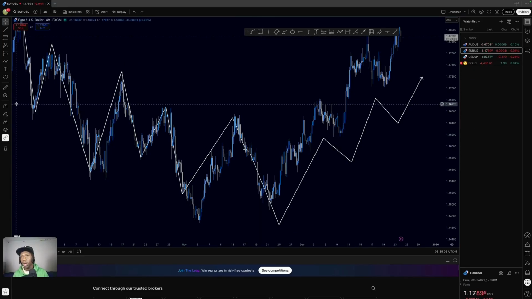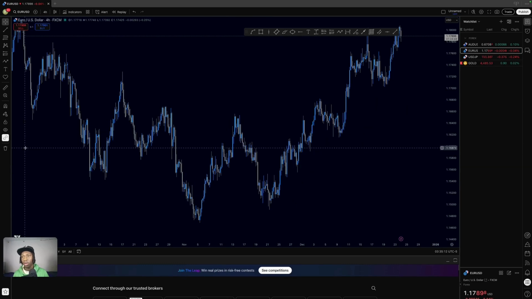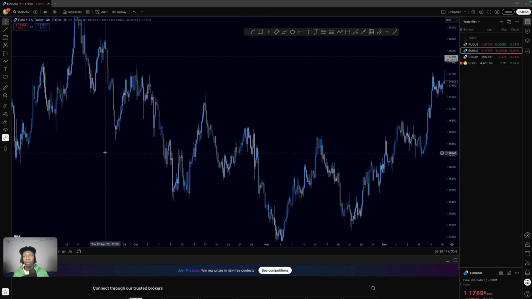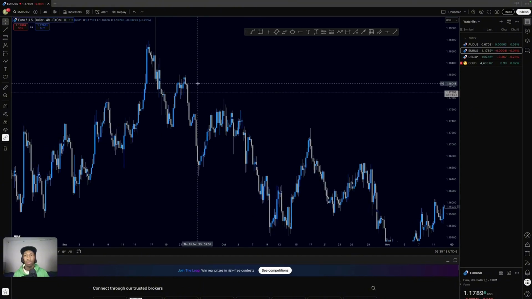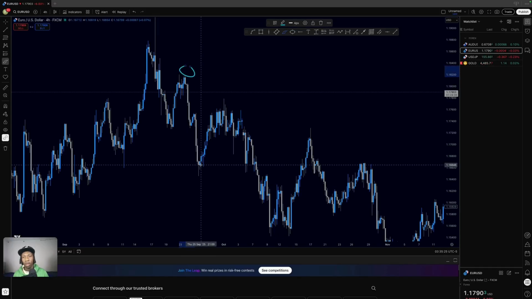So, the areas you must trade. If you want to trade, you need to start trading from this area to this area.